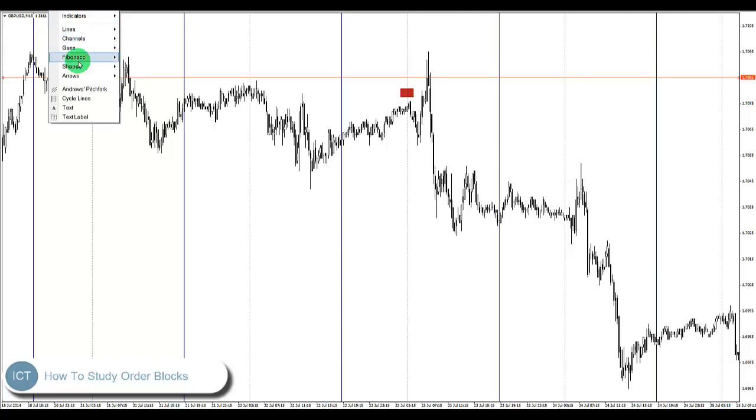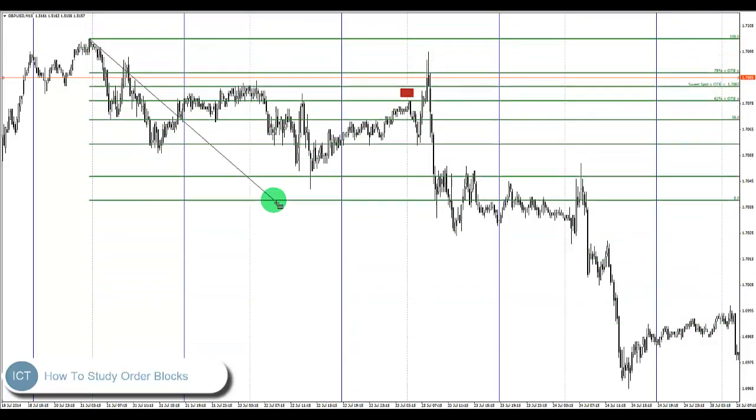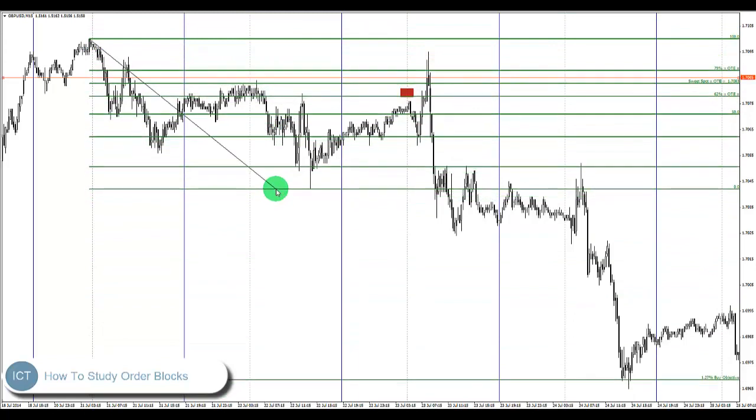And just to give you a further view, even if we were using the parent price swing, which is this high to this low, and say you were doing your trade in here based on that assumption, returning back to this order block here, if you were getting short at the 62% retracement level, that would be right in here.